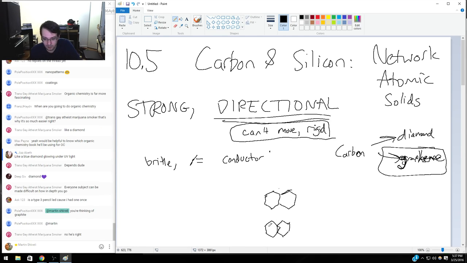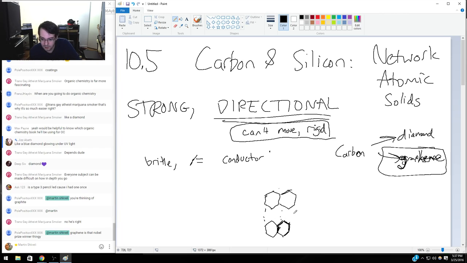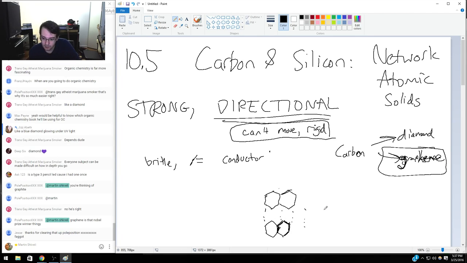And there's obviously the covalent bonds between the benzenes, and then there's bonds that we learned about between the layers. These are non-localized, right? Pi bonds. And these bonds are sigma bonds. We learned that. So there's this weak bonding between these layers. In diamond, there's no bonding. They're all sigma bonds.